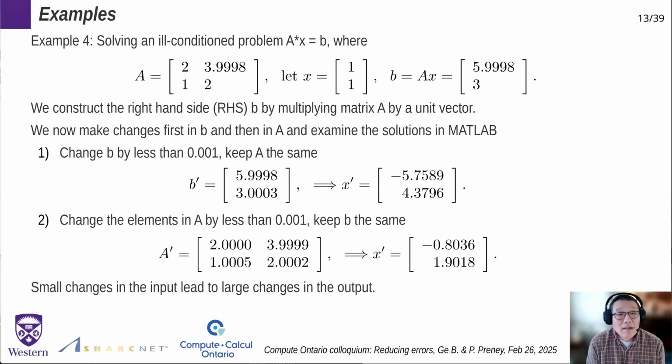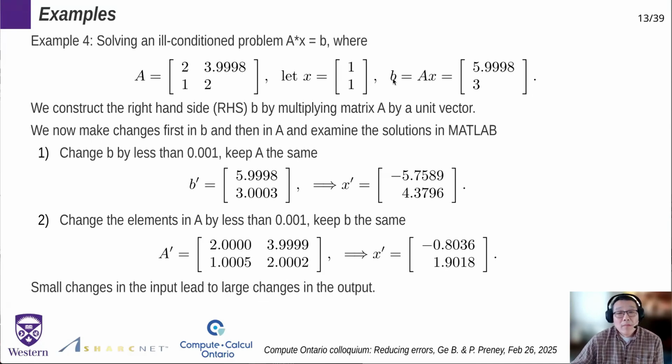Next, let's look at a slightly different problem. We're solving an ill-conditioned problem, but this is inherited from the problem itself: Ax equal to b. In this case, matrix A is a 2x2 matrix, and you can probably tell these two columns are nearly linearly dependent, because column 2 is almost column 1 multiplied by 2, with a slight difference.